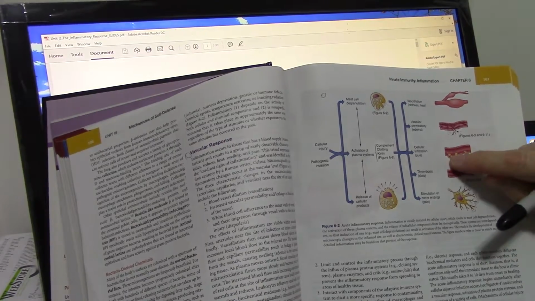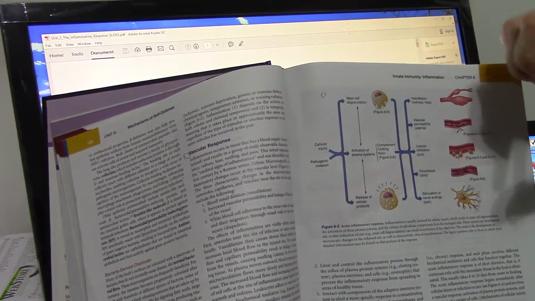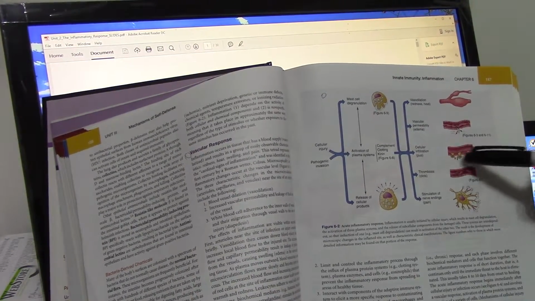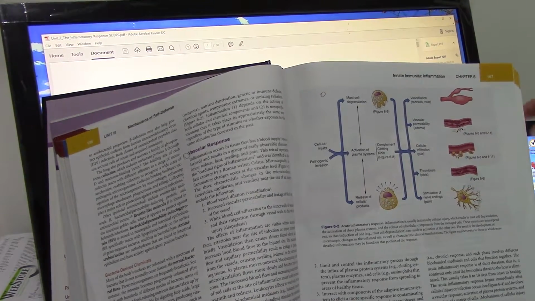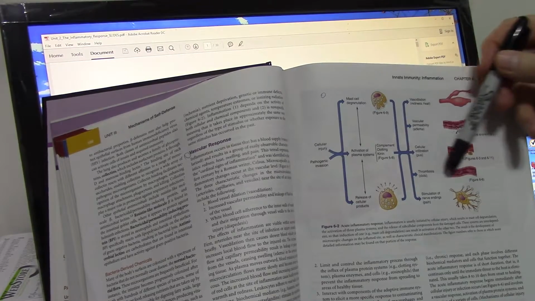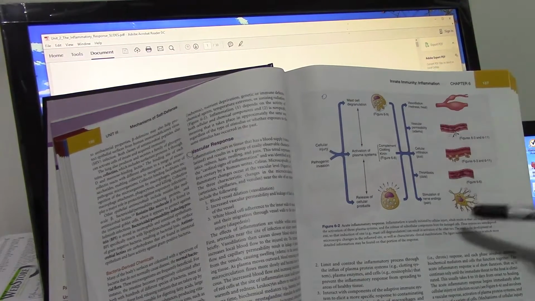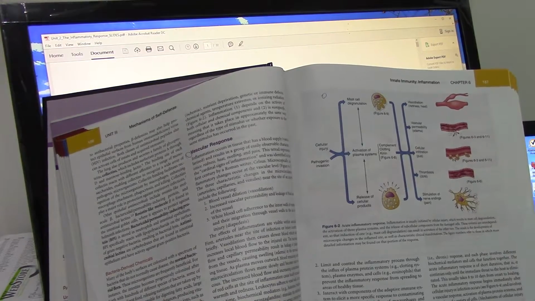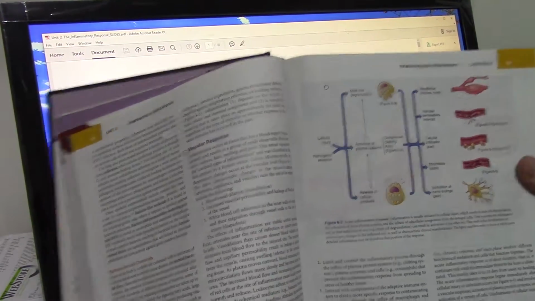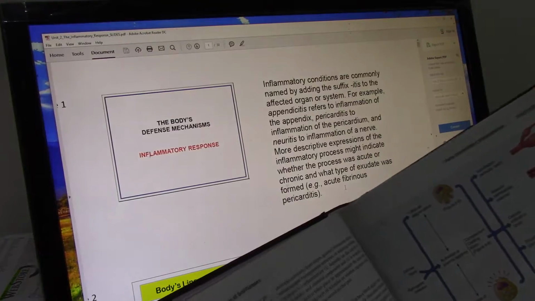These are white blood cells that come in and eat the invading bacteria or the invading foreign body, like a splinter or whatever it may be. And then you have formation of blood clotting, and then you have stimulation of nerve endings creating pain. Okay, those are the classic signs of inflammation. You need to familiarize yourself with that.